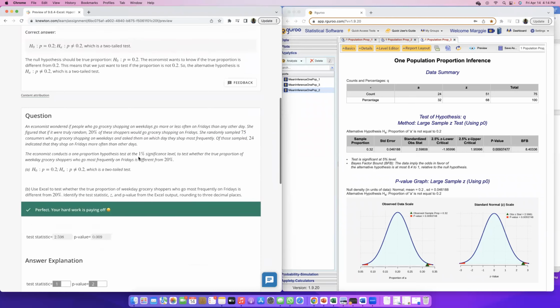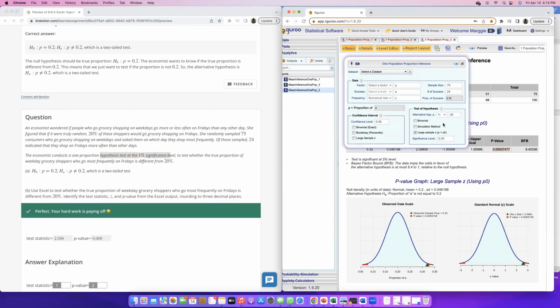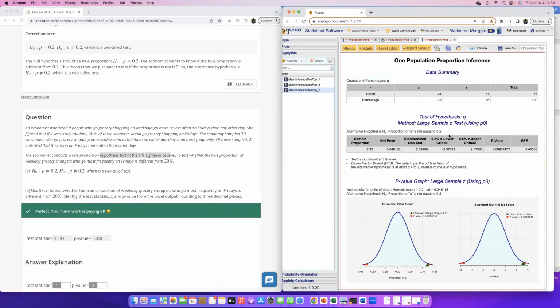So if we go back here, the hypothesis test is at a 1% significance level. So let me go back here and let me set significance to 0.01. I change it because it tells me here if it is significant or not.